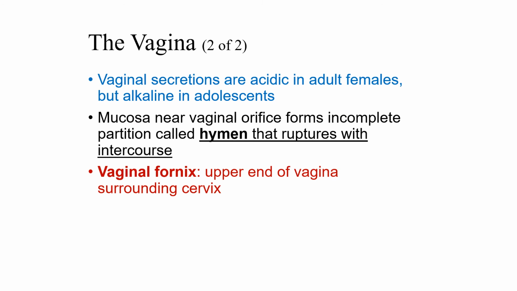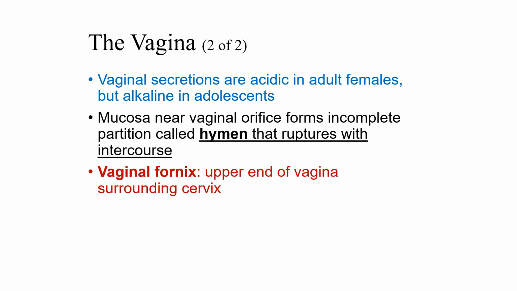The vagina does secrete fluids. They're acidic in the adult female. They're alkaline in adolescence. It takes a little while for the secretions to get to the adult pattern.